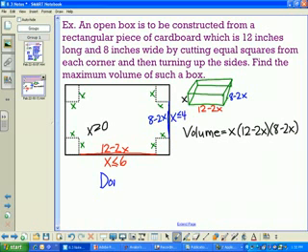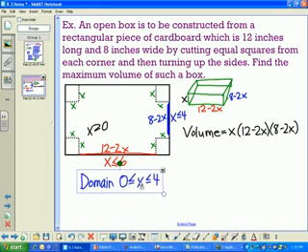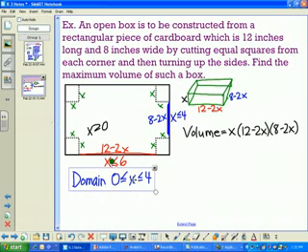So really we're saying our domain, we could cut off nothing, or we could cut off at most 4. The 4 is the most restrictive with this one. If you did 6, this side here would end up being a negative side, which you can't have. So we need to keep in mind our domain, so we check our endpoints.